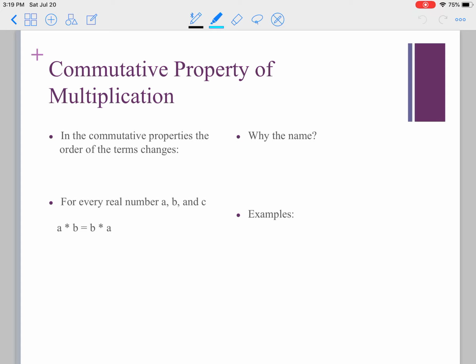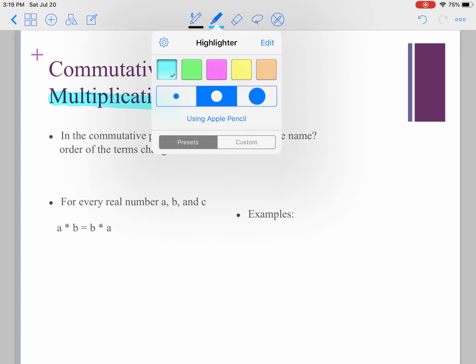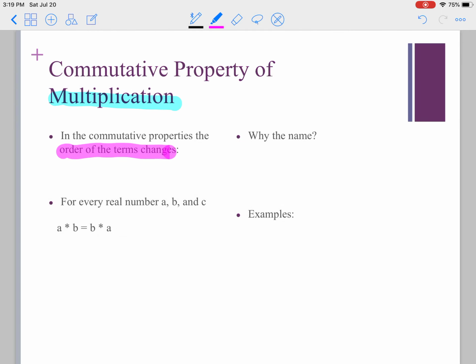I want to highlight that this property holds for multiplication, not division. And so we must make that distinction in order to use the commutative property. Now the commutative property, similarly to the commutative property of addition, the order of the terms can change without changing the value of the expression or the equation.